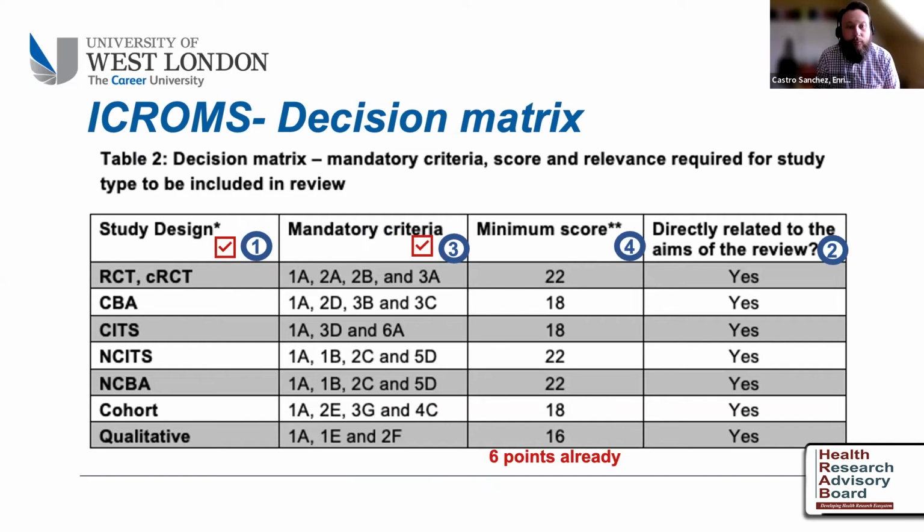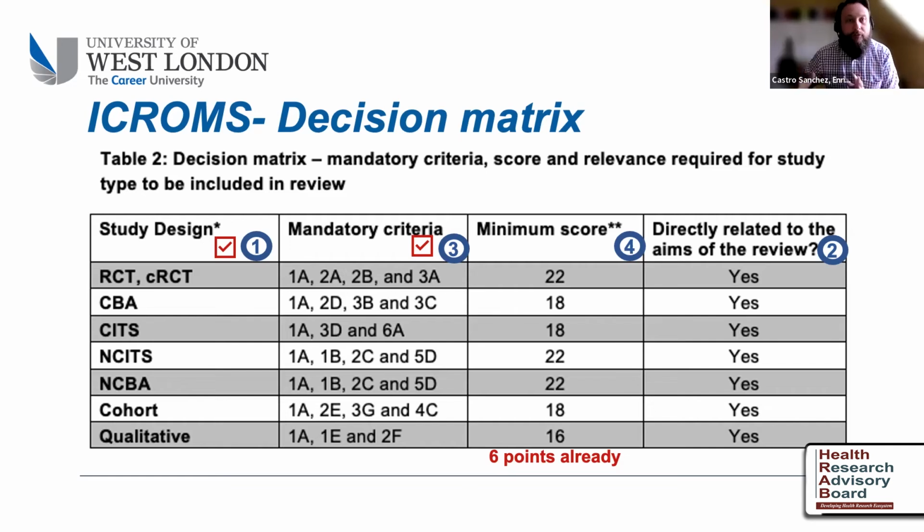And because the 3 of them were met, and you get 2 points per criterion, we already have got 6 points. You can see how qualitative studies must meet 16 points. So we already have got 6, and we need a further 10 from the study specific criteria to be able to say, okay, this study has got enough quality to be considered.